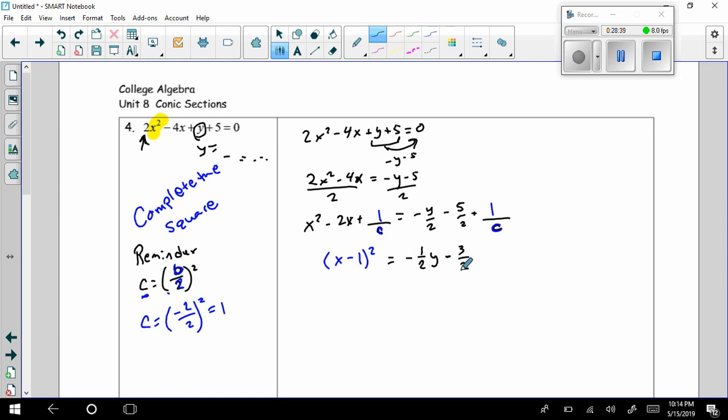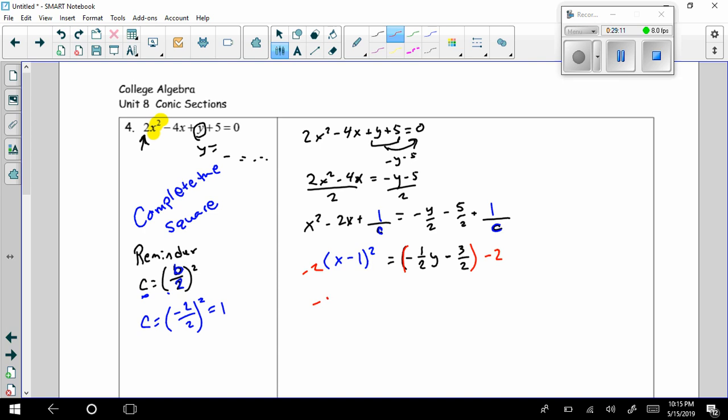So let's see here. We can essentially multiply both sides. Let me do a different color. Let's multiply both sides by negative 2, and that'll get rid of the fractions altogether.